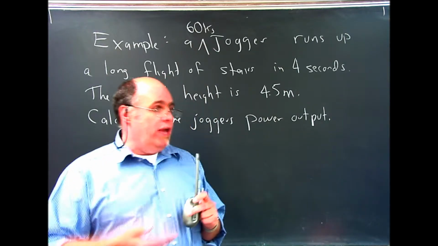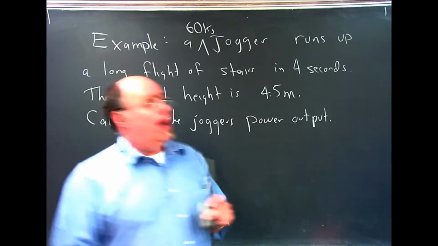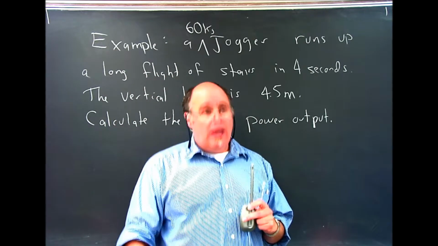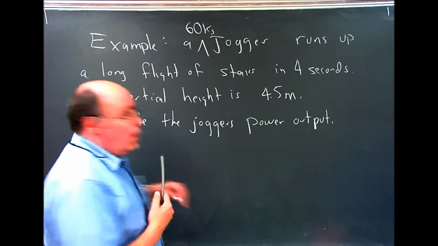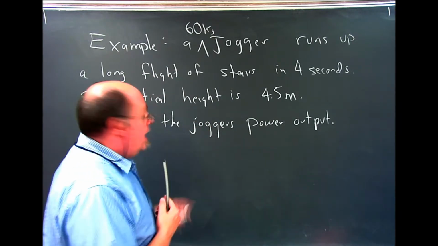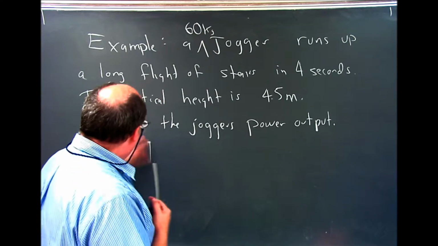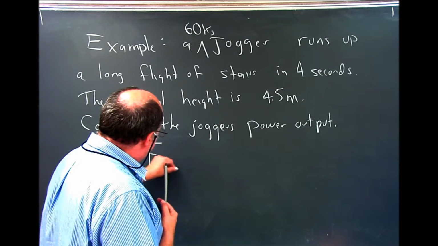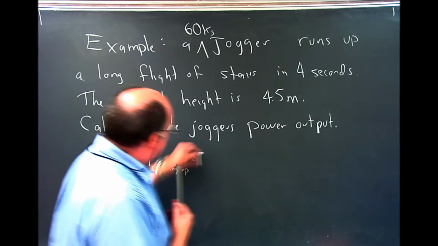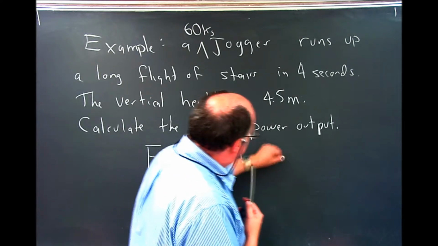Gravity has a weight on us that's trying to pull us down. So we would have to apply a force going up that would be equal and opposite. So the runner, while they're moving up vertically, has to be pushing themselves up, pushing their weight up. So the force they're pushing up with is equal to their weight, which is basically just m times g.